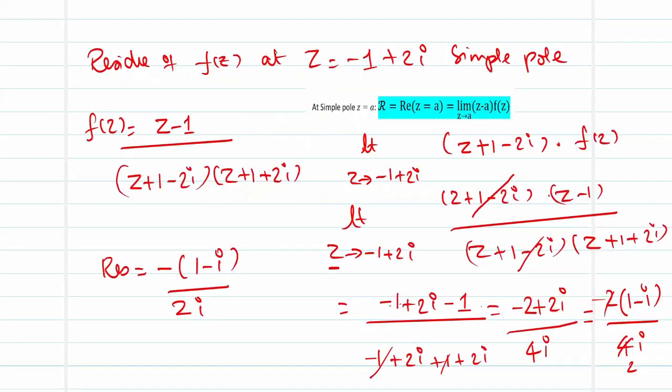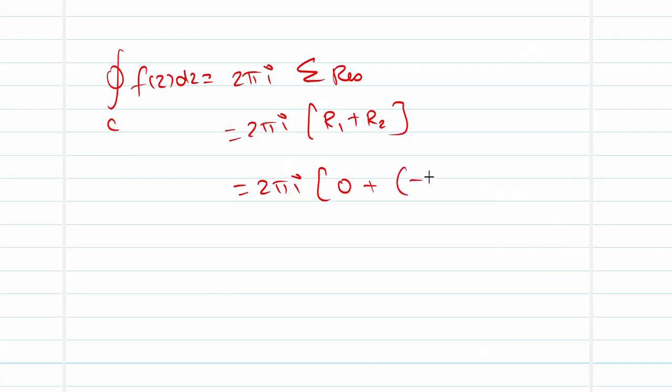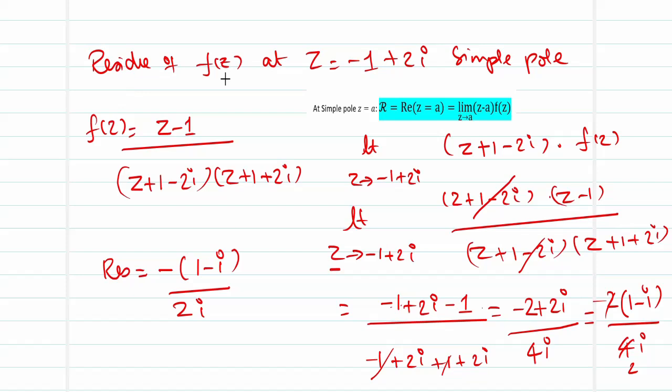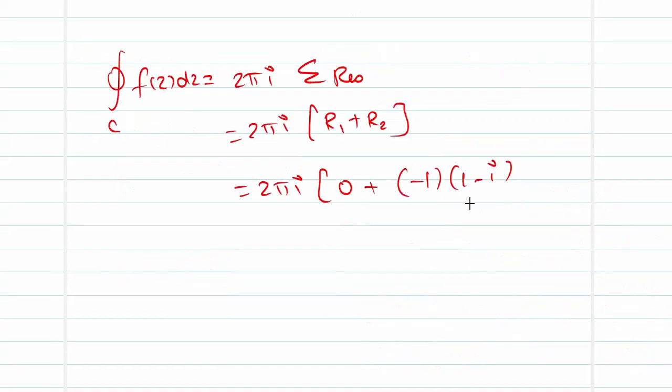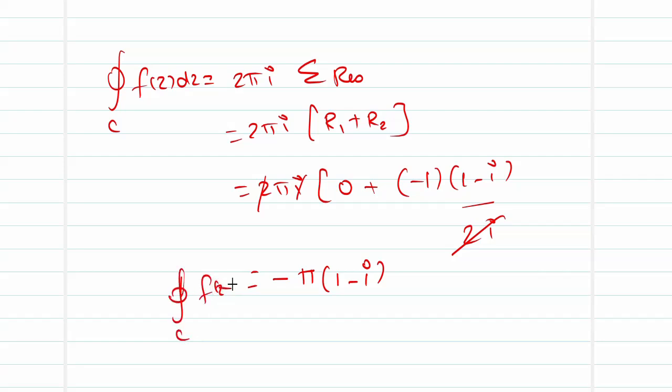Residue 2 was equal to minus of 1 minus i divided by 2i. 2i and 2i can be cancelled off. So I have minus pi into 1 minus i to be the value of the integral over C of f of z dz in my boundary. What was the boundary? The boundary was mod z plus 1 minus i equal to 2. So this completes the third part of our integral.